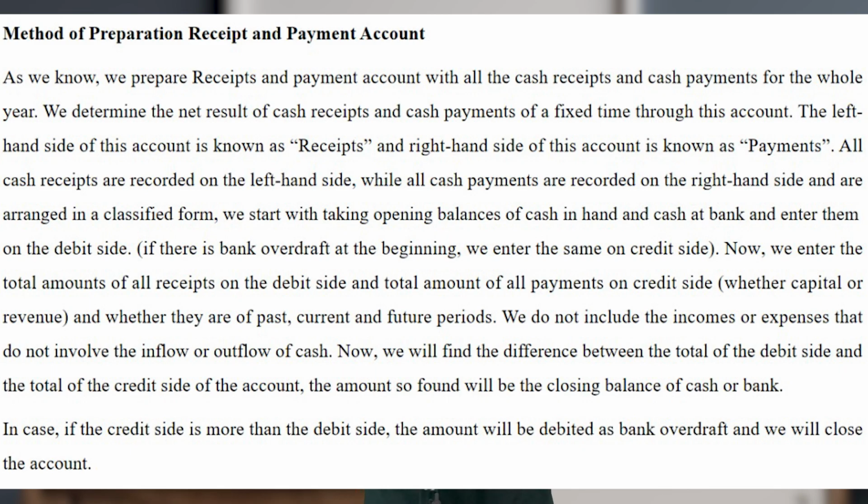We do not include the income or expenses that do not involve the inflow or outflow of cash. Now we find the difference between the total of the debit side and the total of the credit side of the account. The amount so found will be the closing cash or bank. In case the credit side is higher than the debit side, the amount will be debited as the bank overdraft and we will close the account.